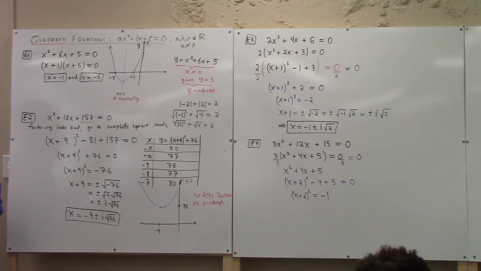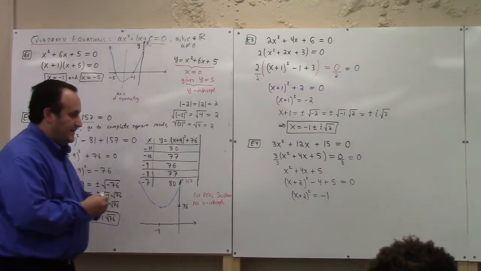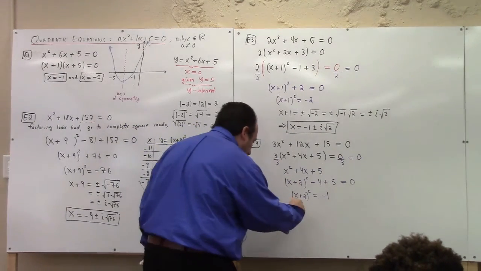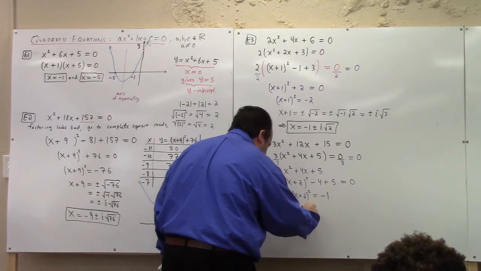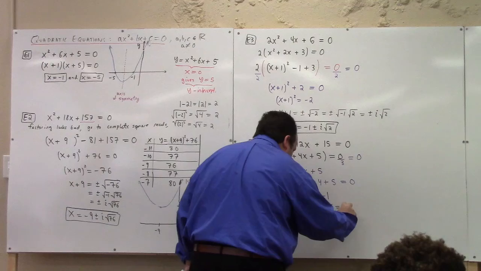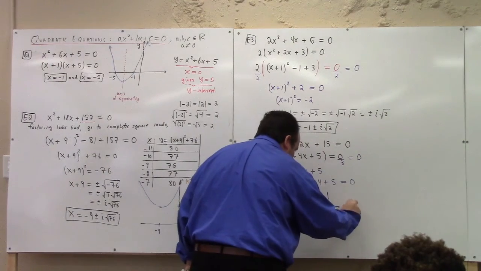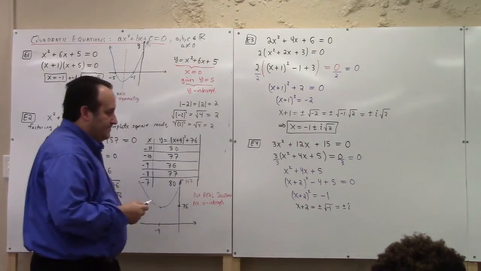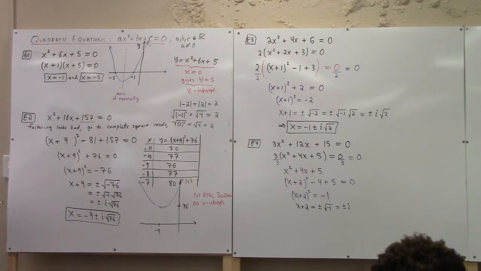How do we solve it? We take the square root, allowing for the plus or minus. What does that look like? x plus 2 is plus or minus the square root of minus 1. But remember, the square root of minus 1 is what we call i. That's our notation for it, mostly because the square root of minus 1 is hideous.